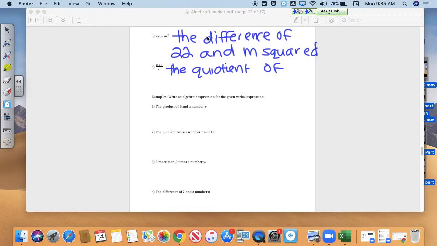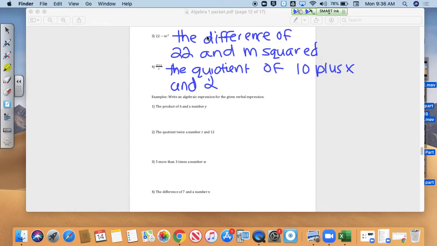So it's the quotient of, and then the numerator is 10 plus x. You could write it like that. Or you could say the quotient of the sum of 10 and x and 2. But I'm just going to say the quotient of 10 plus x, and the second number is 2.